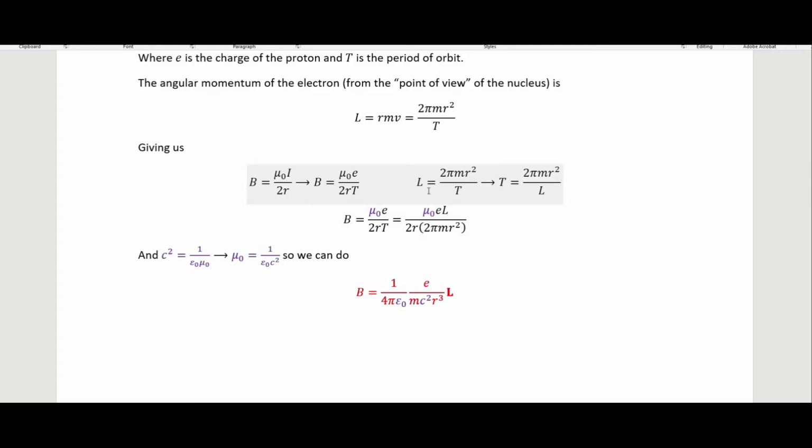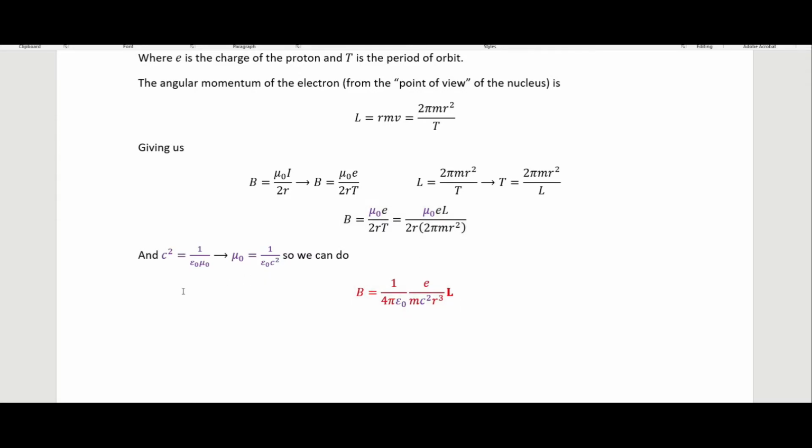For the angular momentum, L equals 2 pi m r squared over T, we just switch the L and T around: multiply both sides by T, divide both sides by L. Then we can put this in for the T in the magnetic field, and we end up getting the magnetic field equaling this.